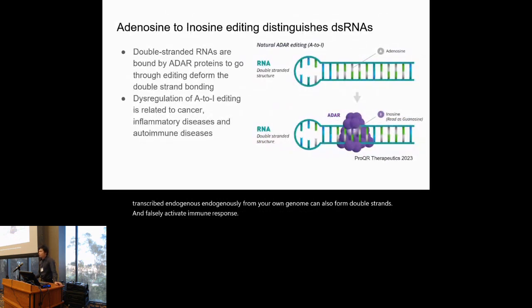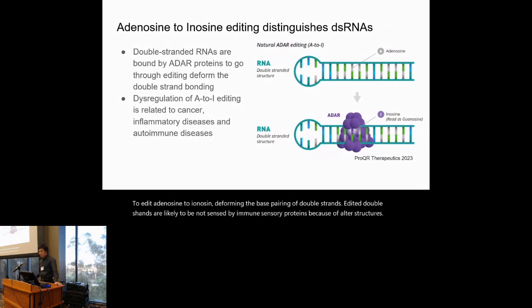To prevent falsely activated immune response, adenosine deaminase acting on RNA, also known as ADAR, binds to endogenous double-stranded RNA to edit adenosine to inosine, deforming the base pairing of double strands. Edited double-stranded RNAs are likely to be not sensed by immune sensory proteins because of altered structures.